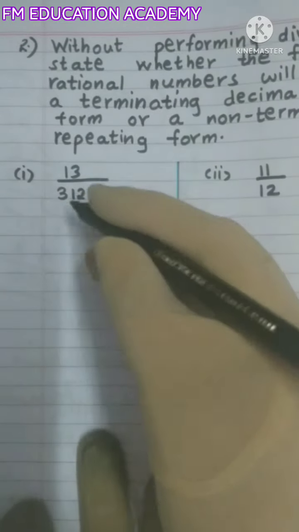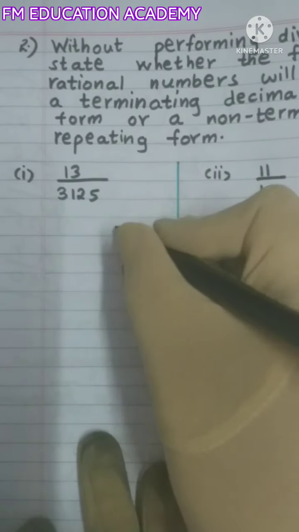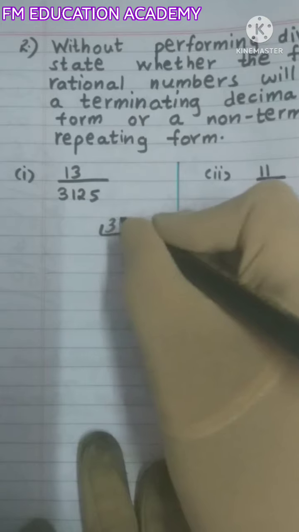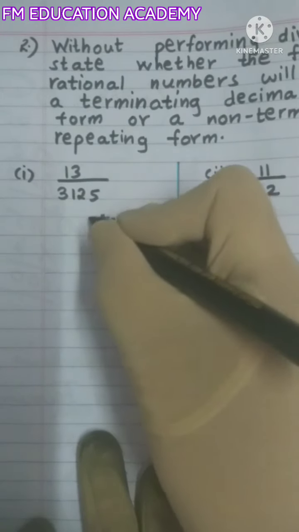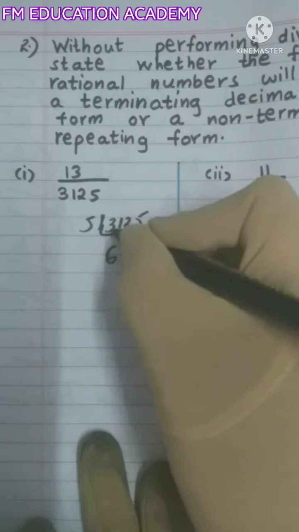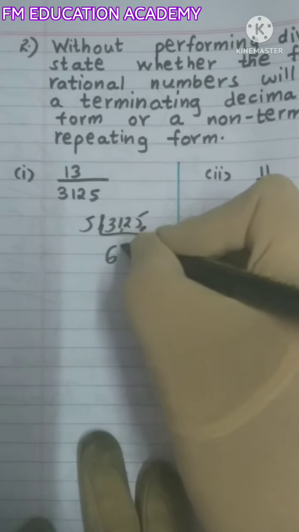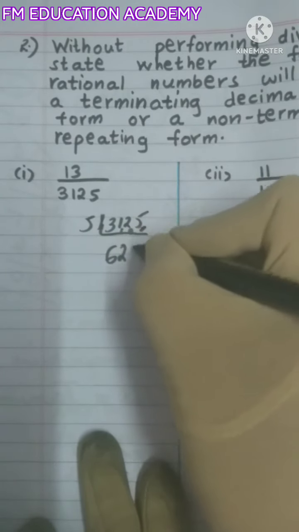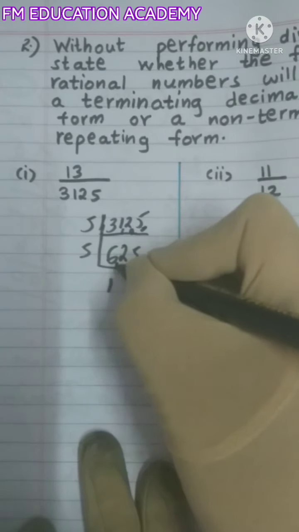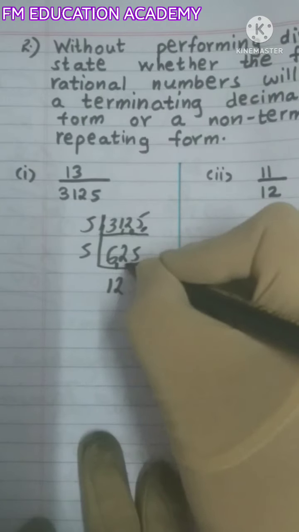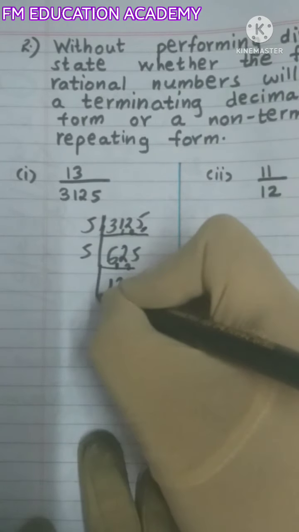You have to take out the prime factorization of 3125. So 3125, here the units place is 5, so we can use the 5 table. 5 6s are 30, 1 minus 0 is 1, 2, 5 2s are 10, 2, 5, 5 5s are 25. 5 1s are 5, 6 minus 5 is 1, 2, 5 2s are 10, 2, 5, 5 5s are 25.